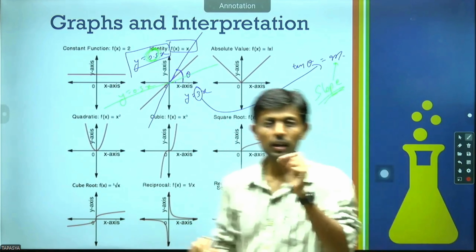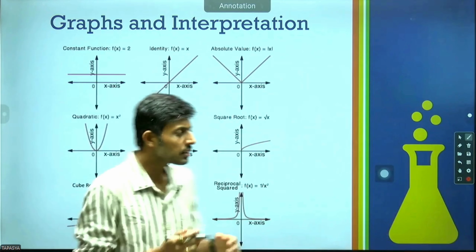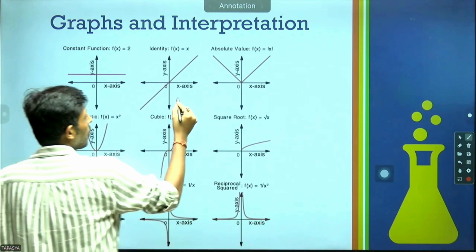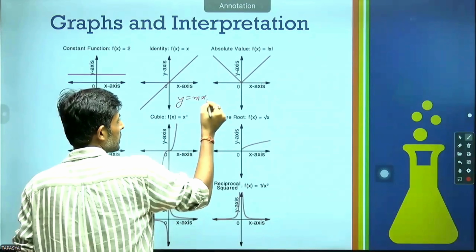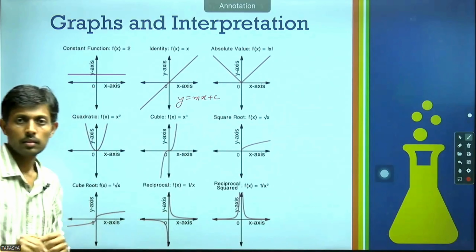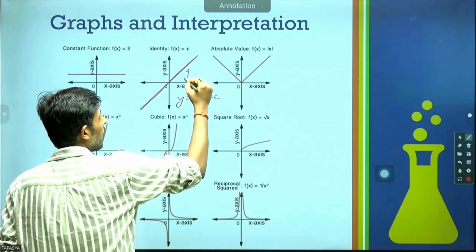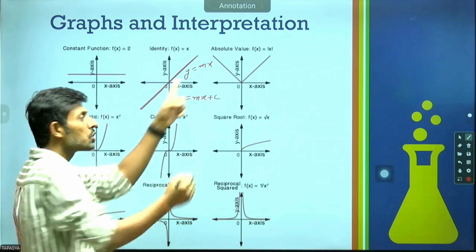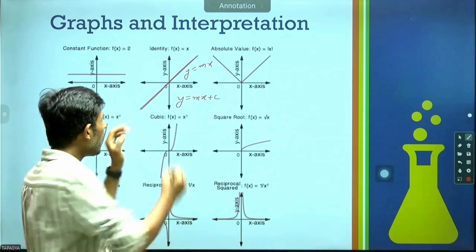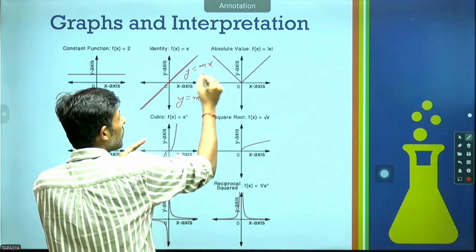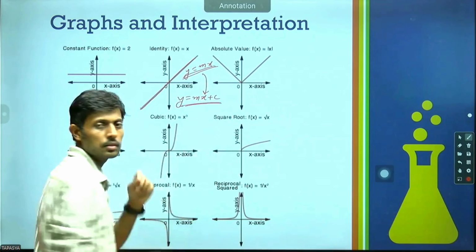of this straight line. The general equation of a straight line is given as y equals mx plus c. This is y equal to mx, where m is 1 in this case. If I know this graph, how can I get from this to this?